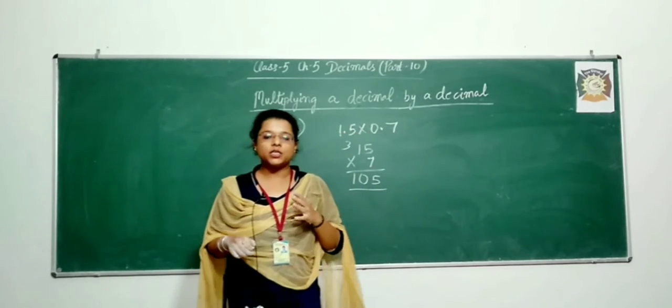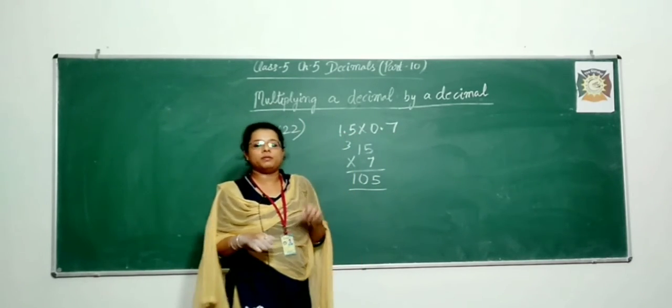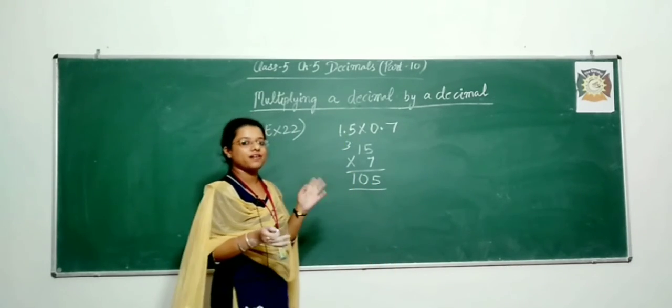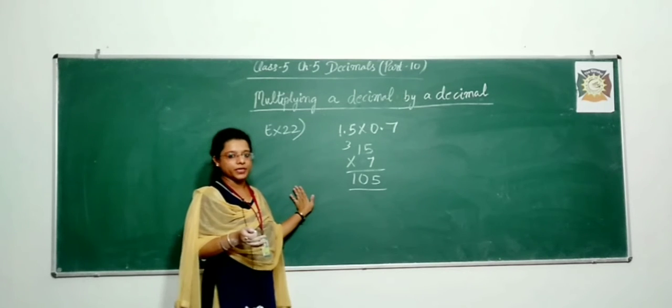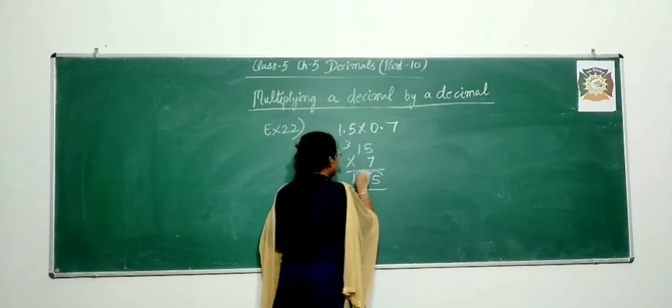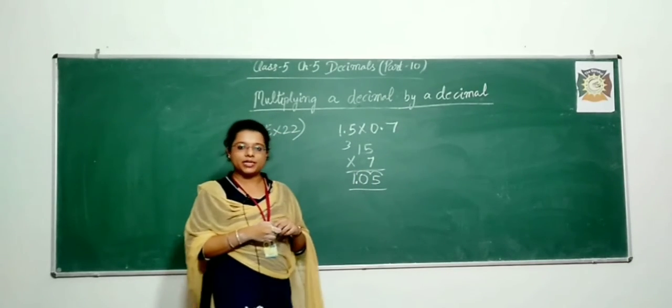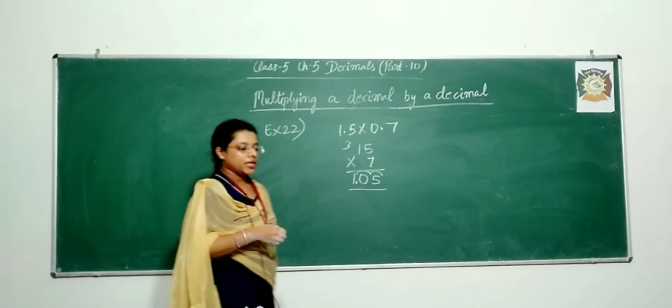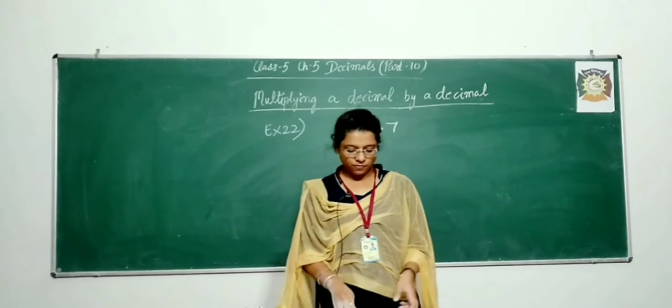In the product, the decimal point will be placed after two positions moving from the right. That is, your answer will be a 2 decimal point number. So 1, 0, 5. Here decimal point will be placed and the answer will be 1.05.